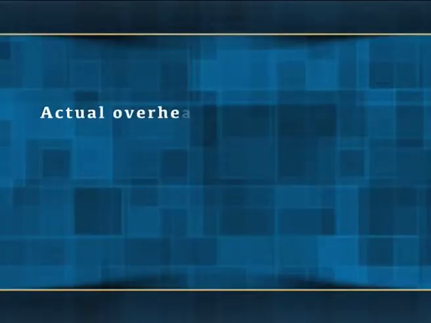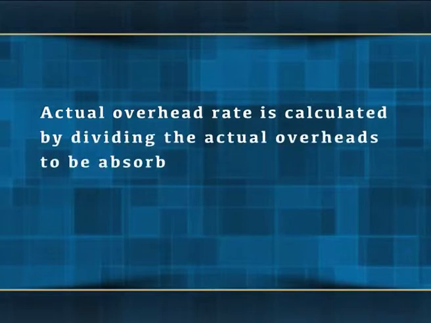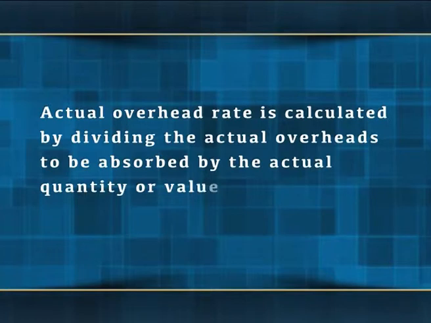Now let us look at the actual versus predetermined overhead rates. Overhead rates may be determined either on the actual basis or on a predetermined basis. Actual overhead rate is calculated by dividing the actual overheads to be absorbed by the actual quantity or value of the basis selected.